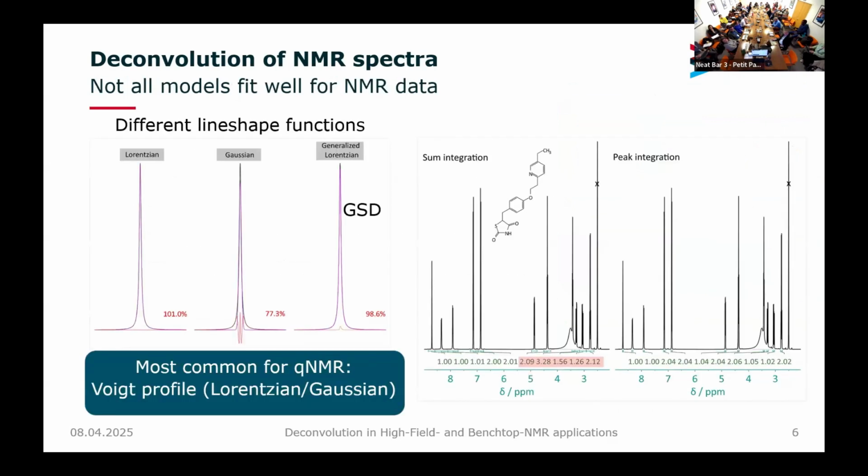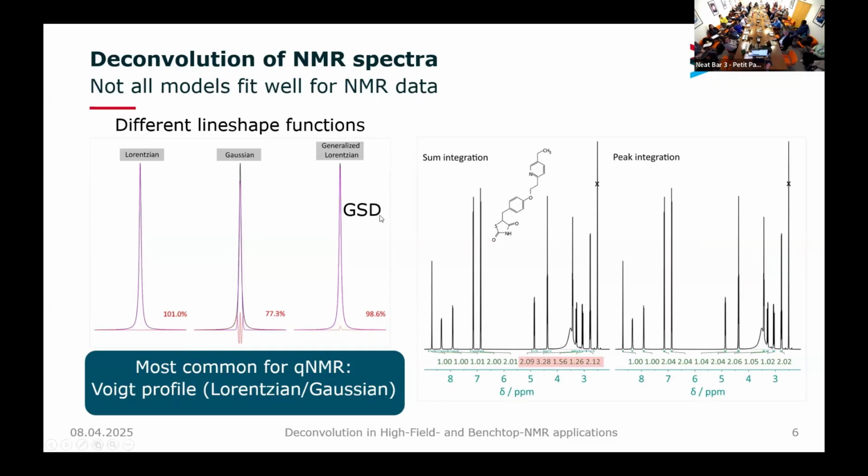When you do some line fitting, you also need to make sure that you take the right model of the line width and line shape function. As mentioned before, typically NMR lines in an ideal case would be a Lorentzian, but typically you also find some Gaussian broadening on it. So most common for these qNMR applications would be a mixture of Lorentzian and Gaussian function.